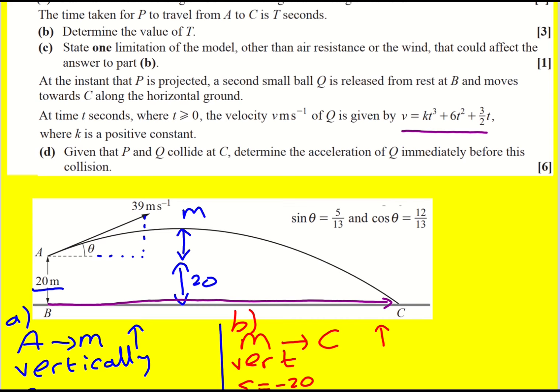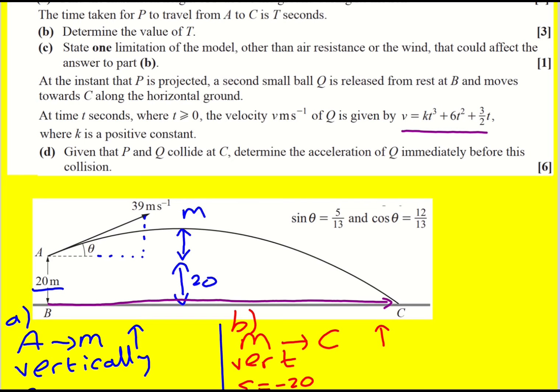That's how that topic is creeping into this question, because if you differentiate, you'd get the acceleration, and it's going to depend on time. Otherwise it would just be a function like 3t plus 4, and you'd get a constant acceleration of 3. Given that P and Q collide at C, we have to determine the acceleration of Q immediately before this collision, at the instant that it gets to C.